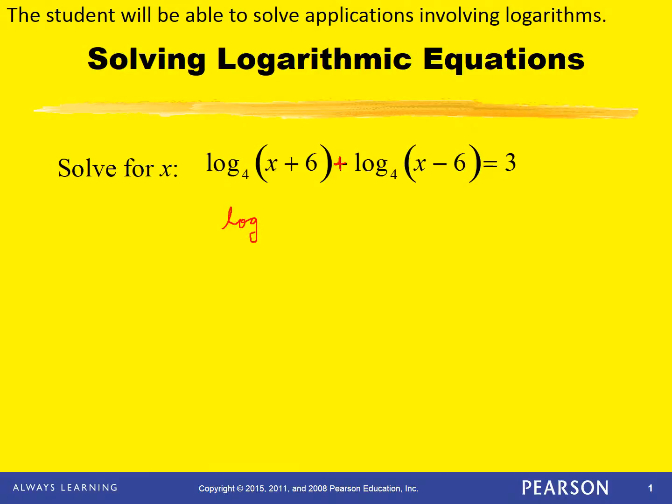So log, same base 4, of the product of the two arguments, x plus 6 times x minus 6. That is the new argument. And all of that is equal to 3.